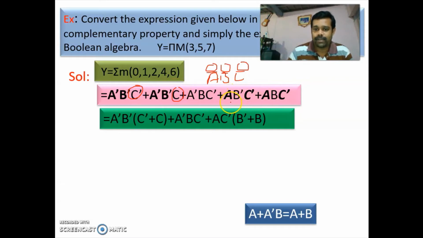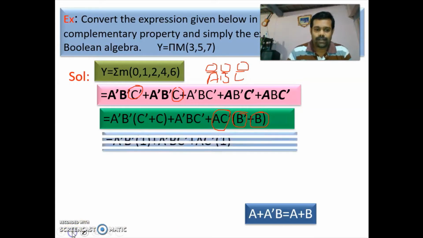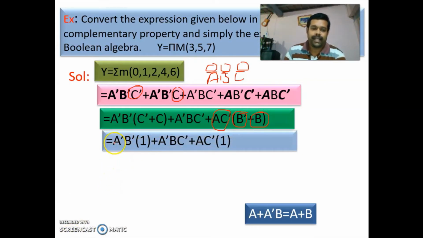In the last two terms, taking A, C bar common, B bar is left and B is left. C plus C bar is 1 and B plus B bar is 1. So we get A bar B bar into 1, plus the third term as it is, and A C bar into 1 is A C bar.